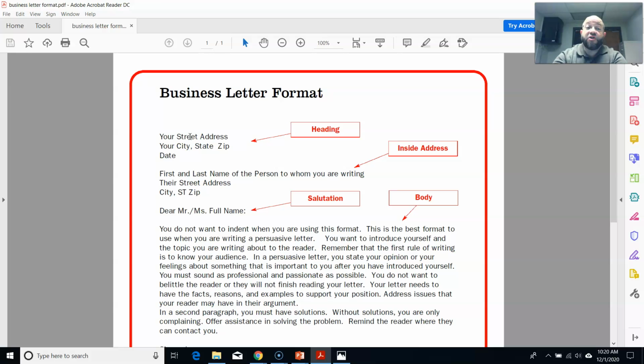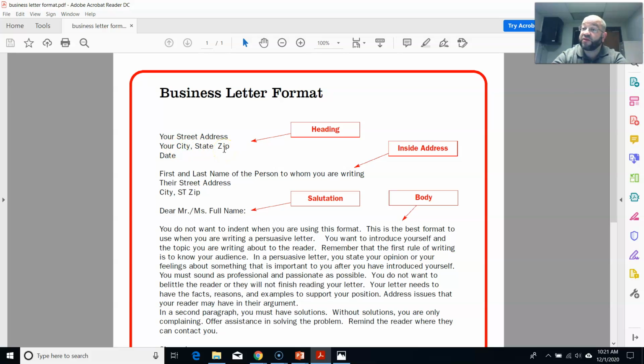Now, notice here that they do not include a space. If you're in my 7th grade class, formatting like this is fine. If you are in my 8th grade class, I would expect an additional space before the date. So you need to have 3 lines here: your name, your street address, your city, state, and zip.